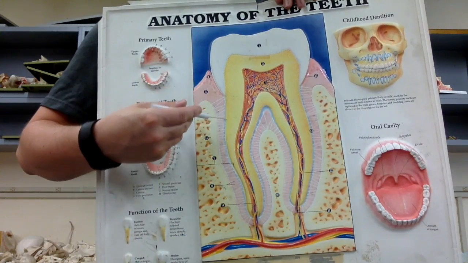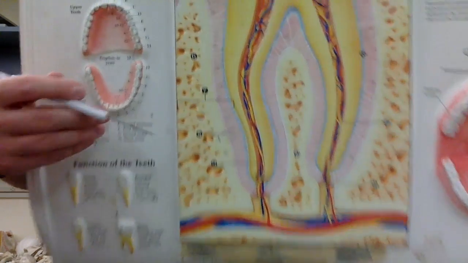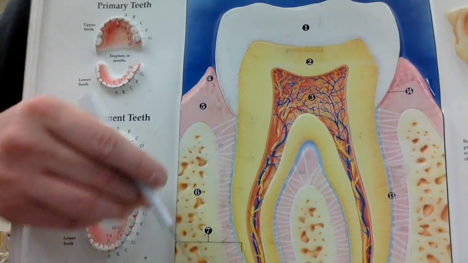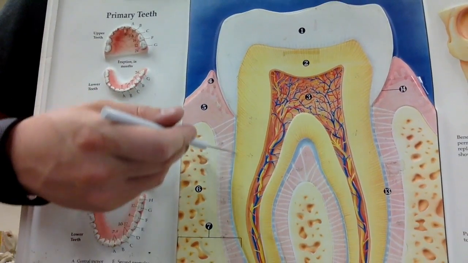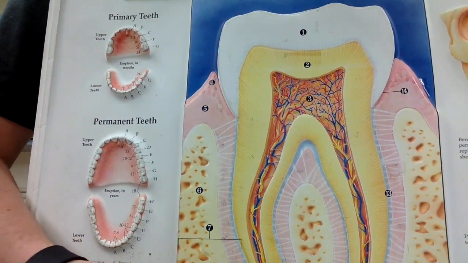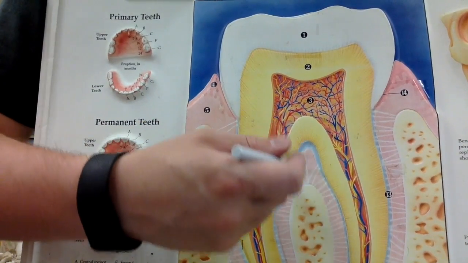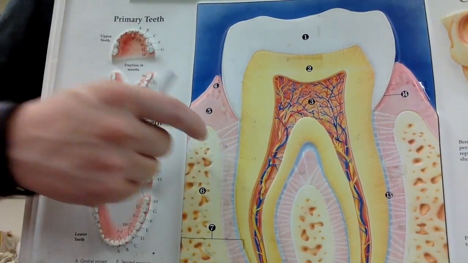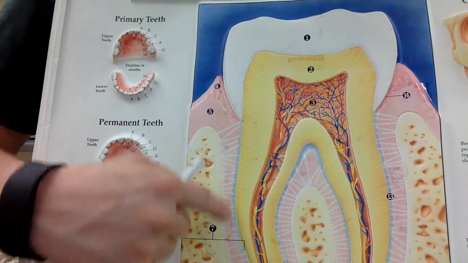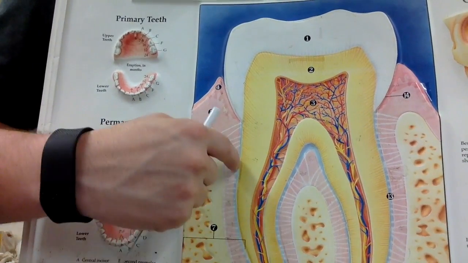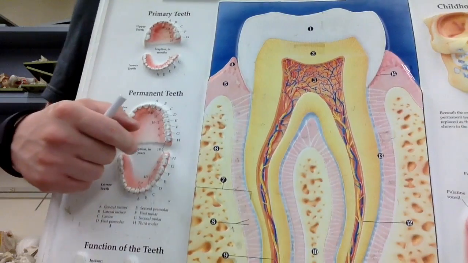And you see this thin blue, come in here a little bit. You see this thin blue right there, connecting the tooth into the gums? That is the cementum layer. I think of it as it's cementing the tooth into the gums. So cementum layer is that thin blue layer.